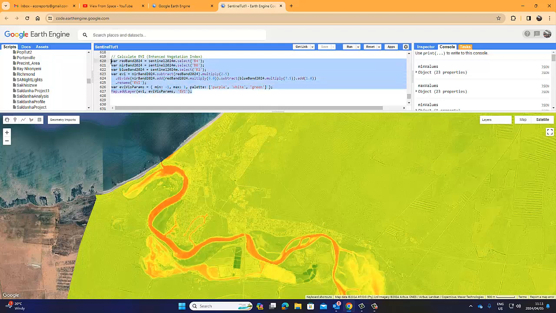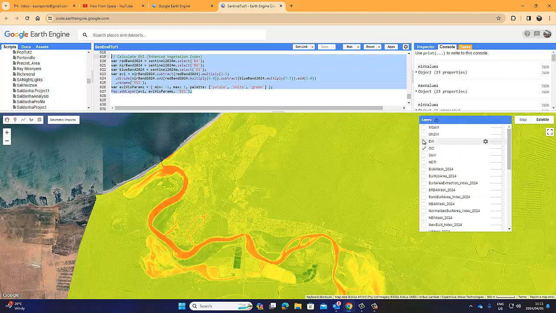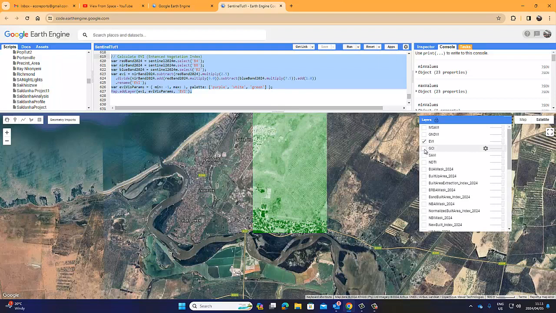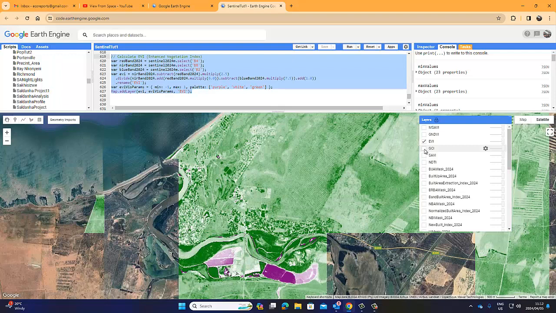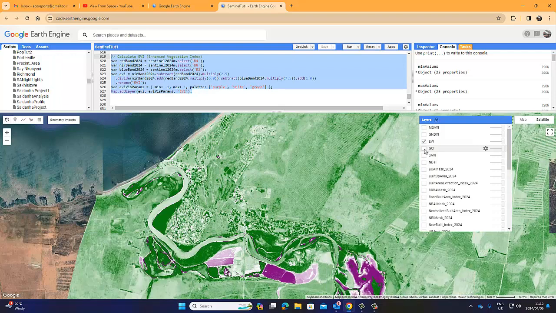So this is the EVI, and I know that a lot of research actually shows that the EVI is not better in terms of vegetation, but it's a better measurement of the health of vegetation.